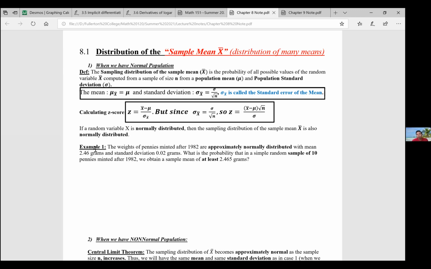Okay, so it is the probabilities of all possible values of the random variable x bar computed from a sample size n from a population mean and a population standard deviation sigma, meaning that we will know the population mean and we will know the population standard deviation already. And based on that observation, we will collect many means to see whether the prediction is accurate or not. Okay.